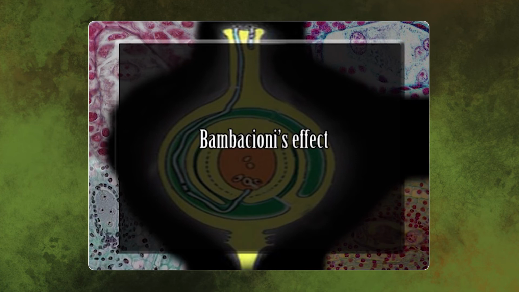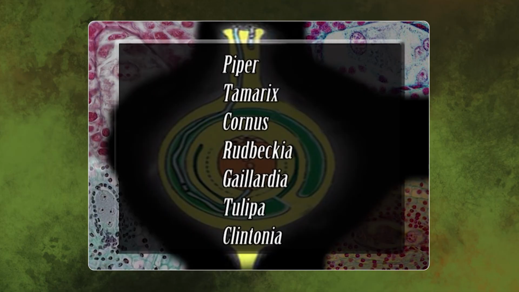Cooper in 1935 found the Bambacioni effect and the formation of Fritillaria type embryo sac development in the entire tribe Lilioideae and several other genera belonging to diverse families like Piper, Tamarix, Cornus, Rudbeckia, Gaillardia, Tulipa, Clintonia, etc. The fusion of the 3 chalazal megaspore nuclei may take place when they are either in the prophase stage or in early metaphase.